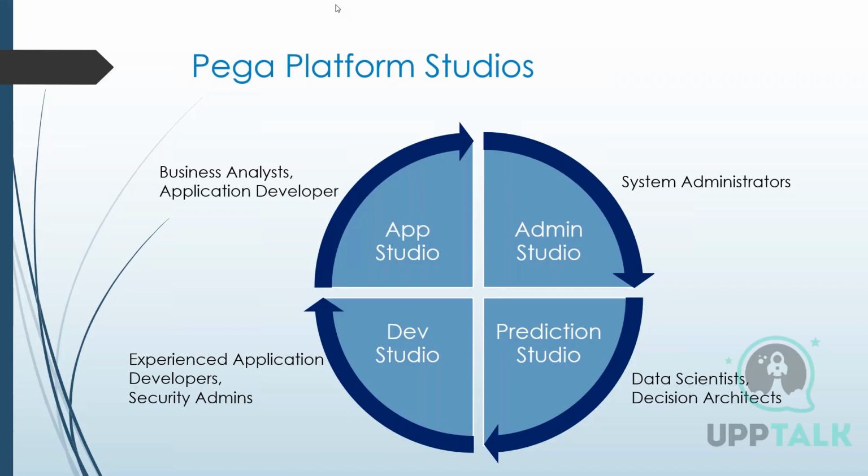Okay, so this is role based. You don't have access to everything during the development phase? Not required. Assume I'm a BA, so I don't need access to the Prediction Studio, because I don't work on defining these adaptive predictive models. My job is on the App Studio.